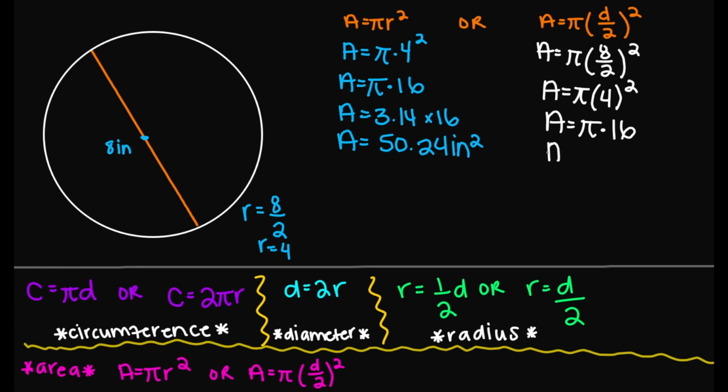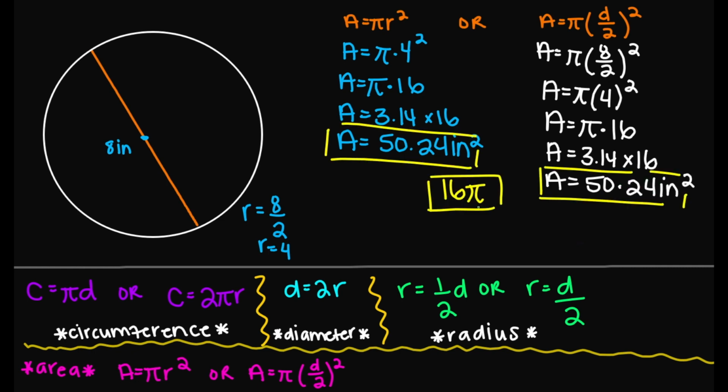And then you have 3.14 times 16, you're going to get approximately 50.24 inches squared. And these are your answers here. If you're going to leave your answer in pi form, then you're going to get 16 pi. But if you're looking for the estimation, then you're going to get 50.24 inches squared.